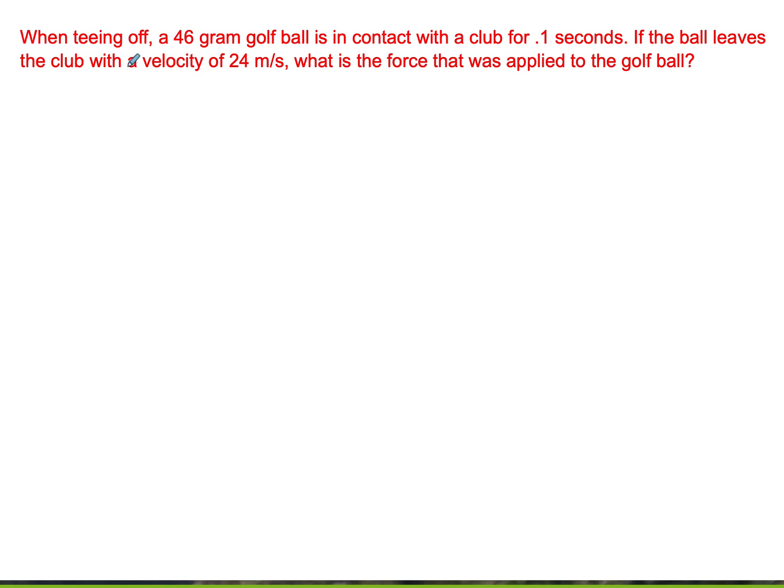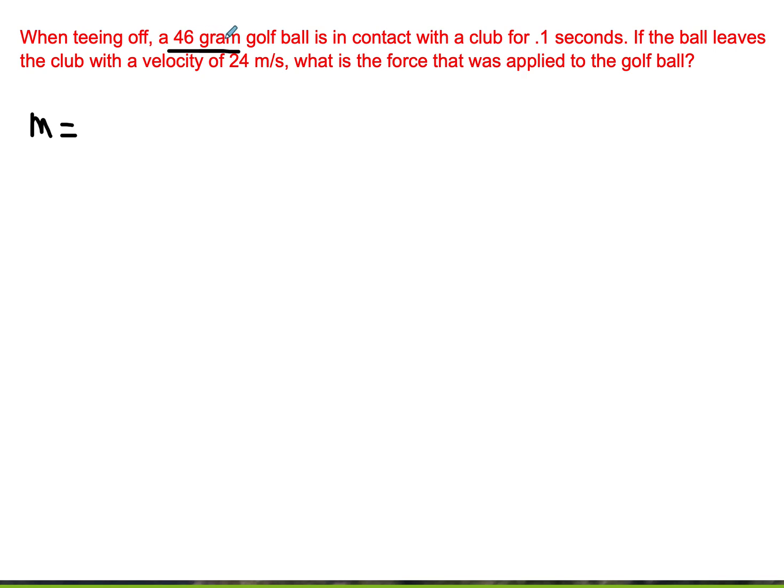So I'm teeing off, and I have a 46-gram golf ball. So the grams, 46 grams, what is that, you guys? That is the what of the golf ball? Mass? It is. It is mass. Now, in chemistry, we use grams because we always work with really small samples.